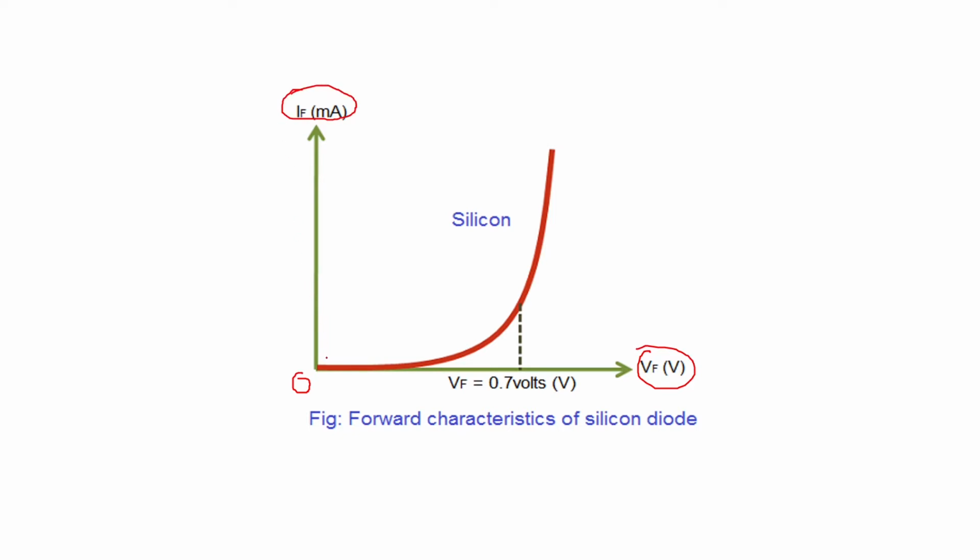So initially, when you increase the voltage from zero, it will not show any flow of current till you reach approximately 0.7 volt in the case of silicon, and then you can see there is a rise in the current. So you have to overcome that 0.7 volt, which is the potential barrier. The applied voltage should be more than 0.7 volt, and only then will you see current flowing in the diode.